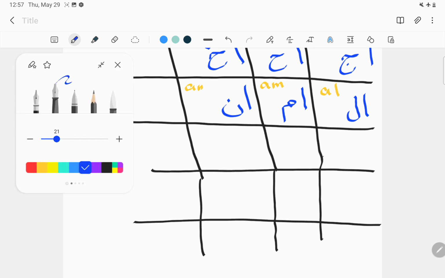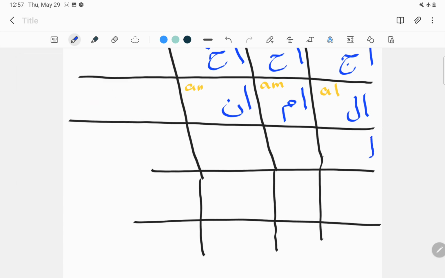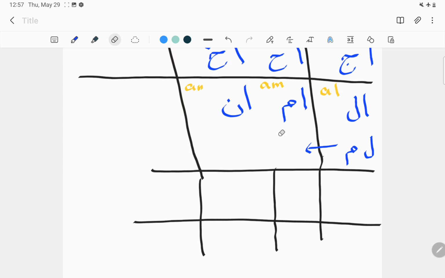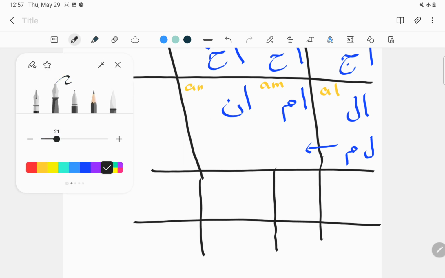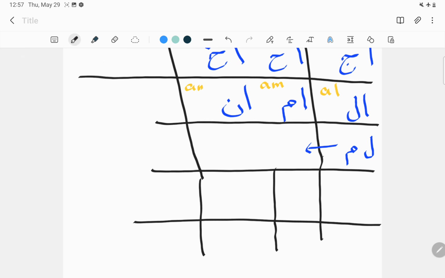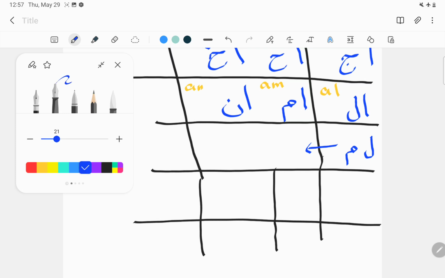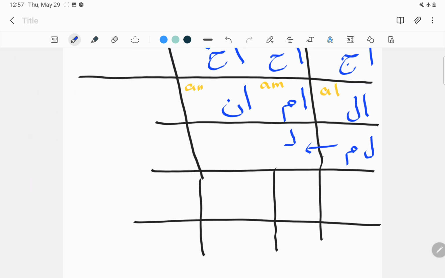all right, blue. Let's put the letter lam with the letter meem. This will become, excuse me, my bad. This will become, see lam.